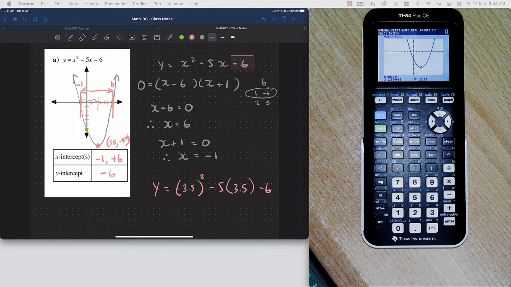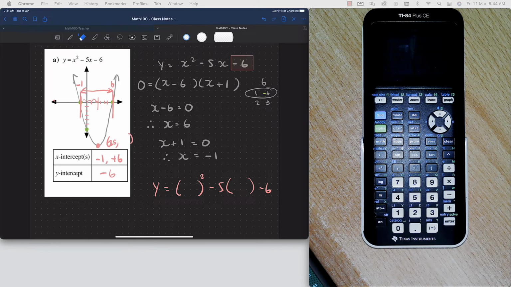So actually this is not 3.5, it's 2.5. It's a careless error, again, which means that is not going to be that value of negative 11.25. And to verify that the math still works, I would just replace these values with 2.5.